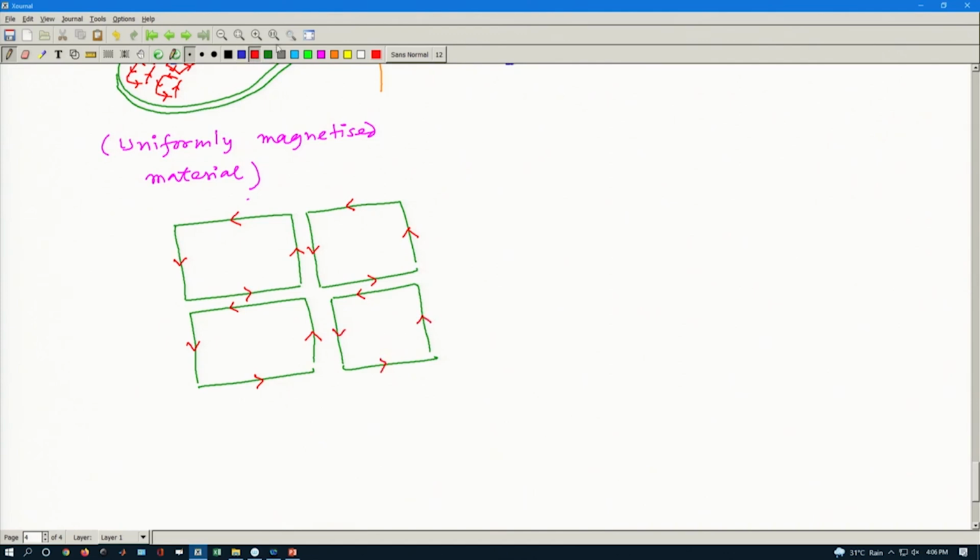So, all this interlocks here, here, here and here, they are cancelling out, resulting in an equivalent system where we have the current only in the boundary.